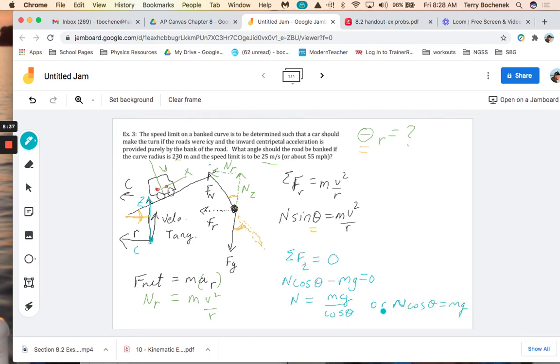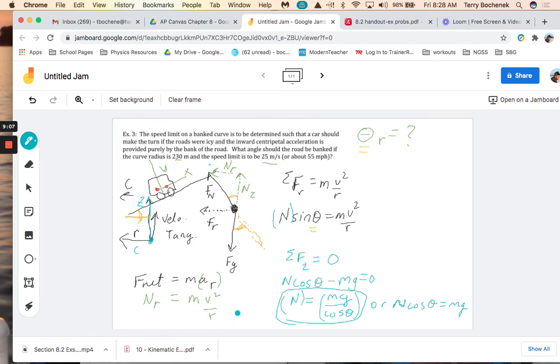And I'll come back to which one you like better in a minute. So we could solve it for n and then plug in mg over cos theta right here for n. And it's really kind of six of one, half a dozen of the other, whichever way you want to do it. I think I just changed my mind. Let's take this expression and substitute mg over cos theta in up there for n.